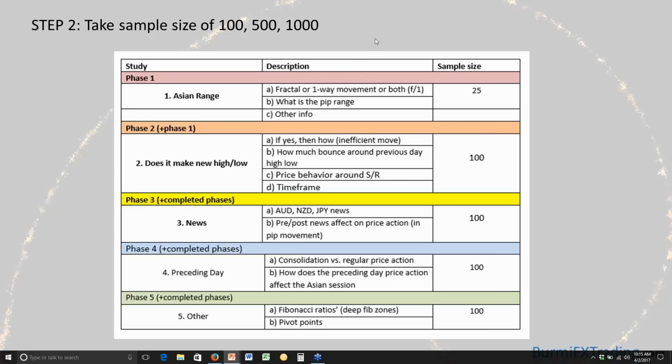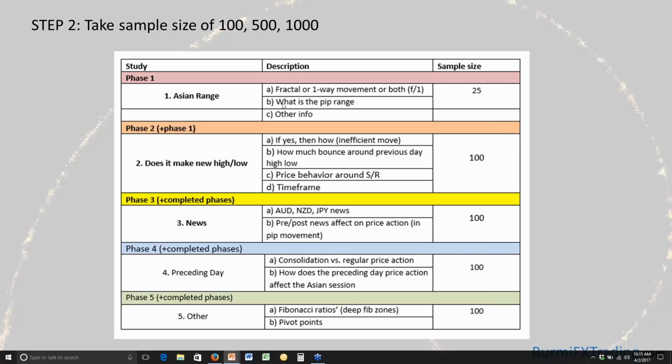Maybe it's just moving higher, or maybe it's just moving lower. Or we just see both. One day it's range bound, next day we see one-way movement, next day it's range bound again. So we want to understand all that. So that should be your first one.